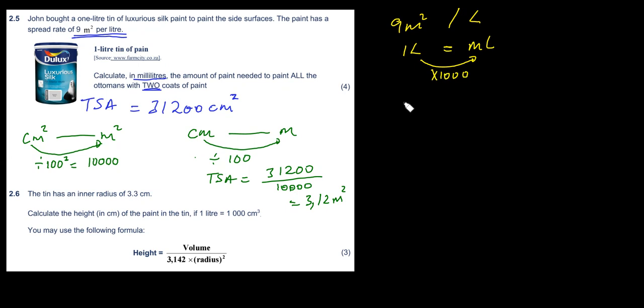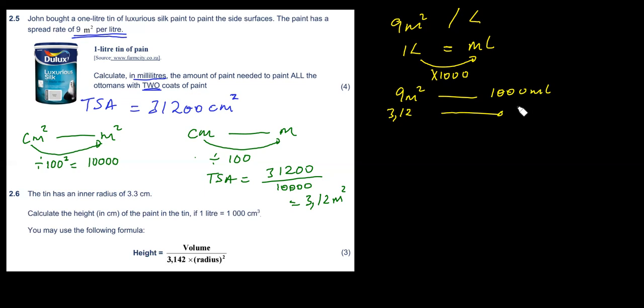That's what we do. So it means that 9 square meters covers 1,000 milliliters. Okay, and what about 3.12?